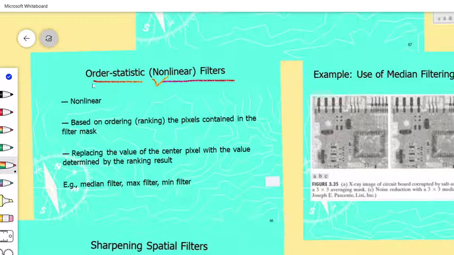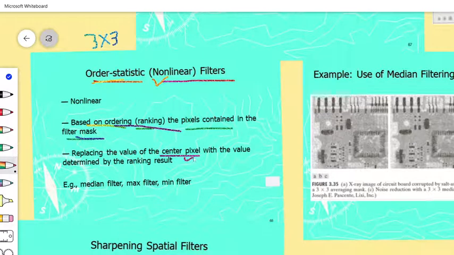Why are these order statistic? Because they are based on some order, some ranking, following the pixels contained in the filter mask. We applied previously a 3 by 3 matrix mask for the filter. Within that filter mask, we follow some order, some ranking, and replace the value of the center pixel.